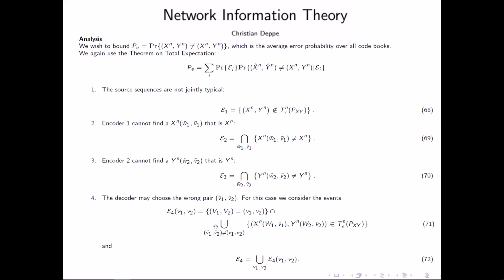So we take the union over all these possibilities. And then, of course, the event E4, that the decoder could choose the wrong pair, is equal to the union over all v1 and v2 of these events E4(v1, v2).